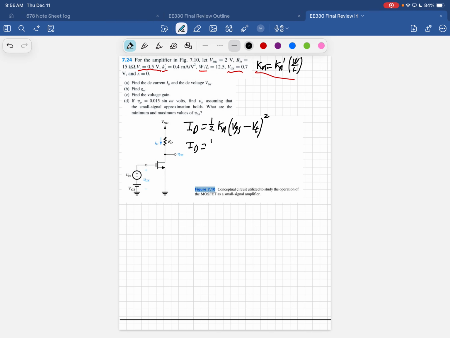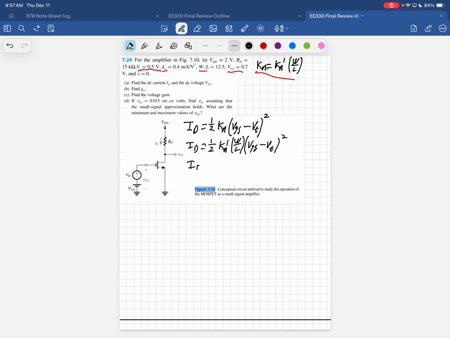Deriving that gives us 1/2 Kn prime times W over L times VGS minus VT squared. Then I can just start plugging in values.